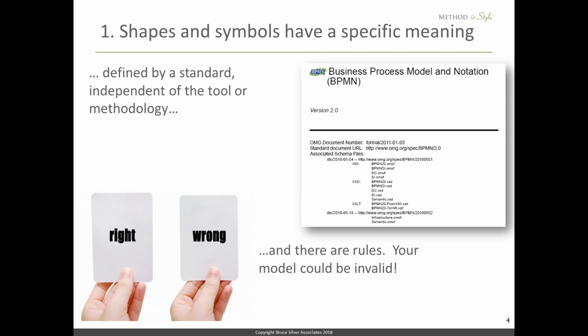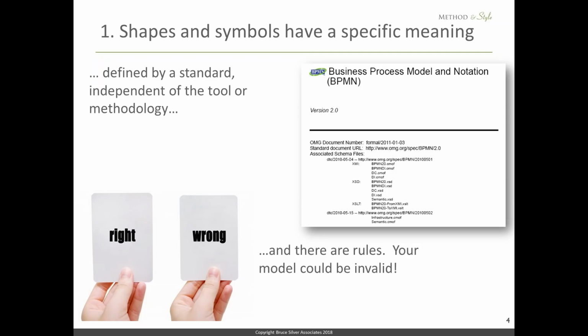Those tools don't know what the shapes mean. They expect you to know what they mean. And you, being a business person and maybe not trained, think you know what they mean, but you don't exactly know, or what you think they mean today isn't exactly what you thought they meant yesterday, or not what your colleague thinks they mean.